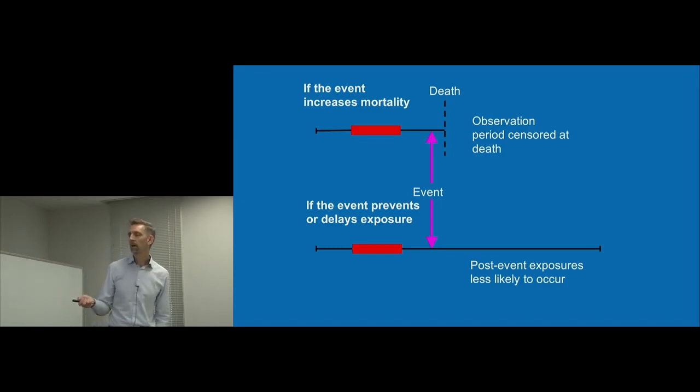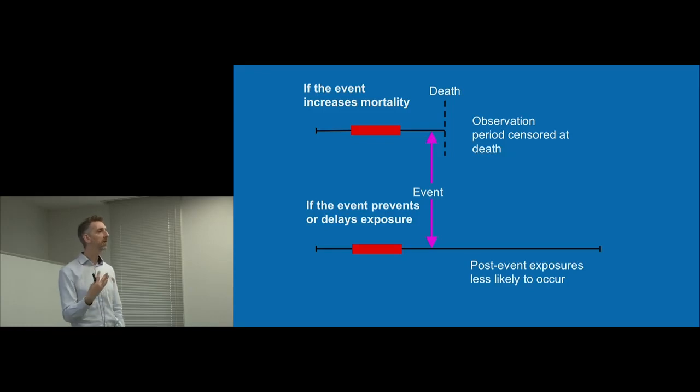In the second one, here I've got an example where it's the other way around. Maybe having the outcome means that you're then not likely to receive the exposure in the future. So this could be something like, well, the GI bleed that Masao was talking about this morning with antidepressants.